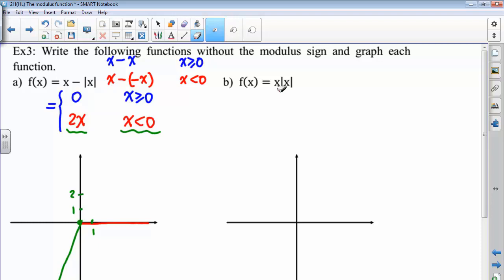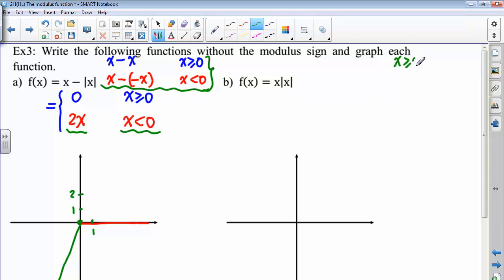The same for b. If I want to take off the absolute value symbol, I need to follow what I did here. So the first piece should be x is larger than or equal to 0. In this case, you can remove these two vertical lines right away.